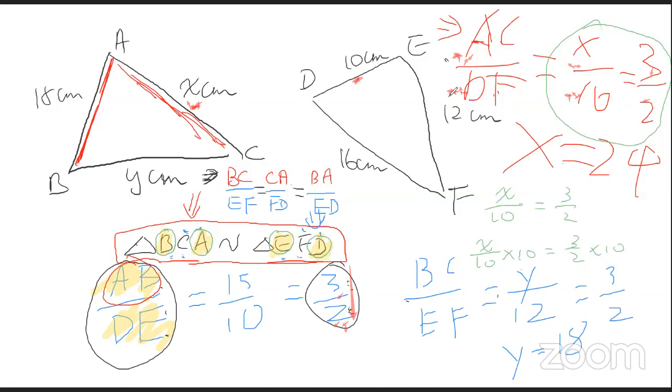Why is it 24? X over 10, yes, we times 10. Is this really 24? What do you think?